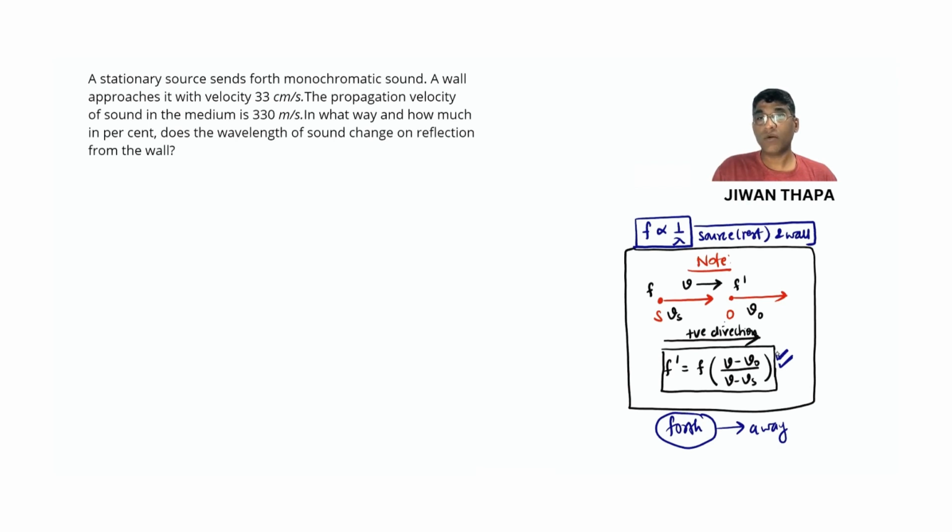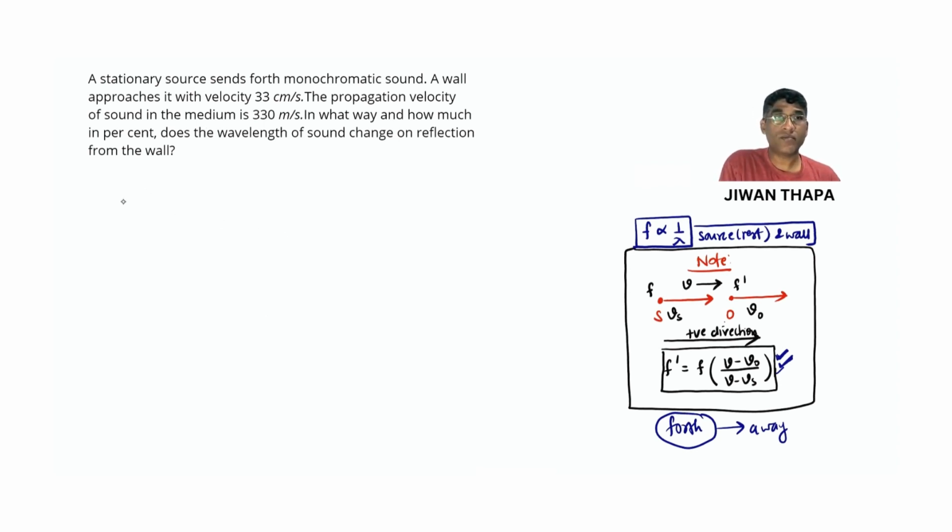So as I said earlier, we are going to generalize this expression for apparent frequency. In this problem, we have a stationary source and a wall approaching towards the stationary source with velocity 33 centimeter per second.